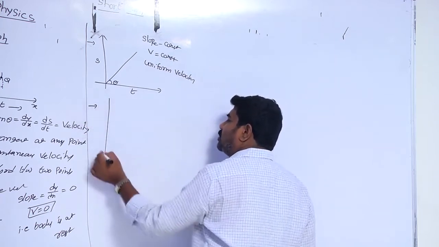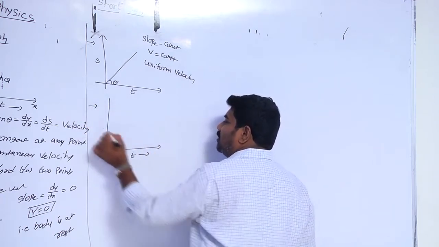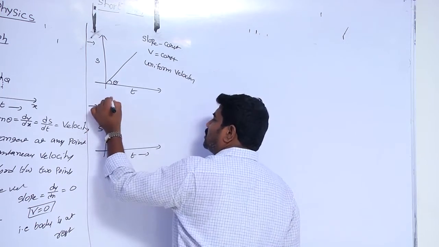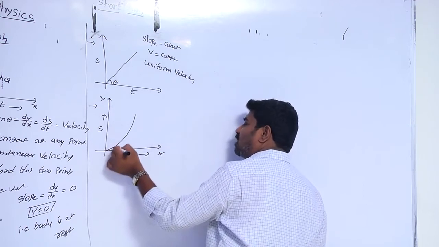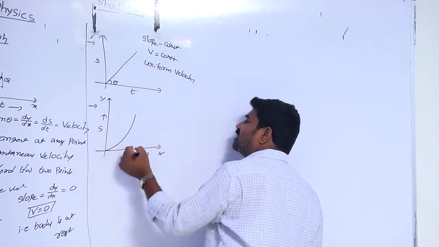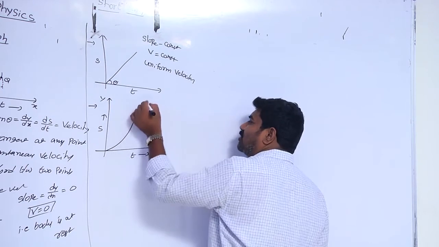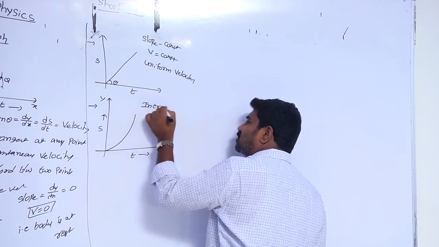Here for example, this is the time on the x-axis, this is the displacement on the y-axis. The slope of this graph is increasing.